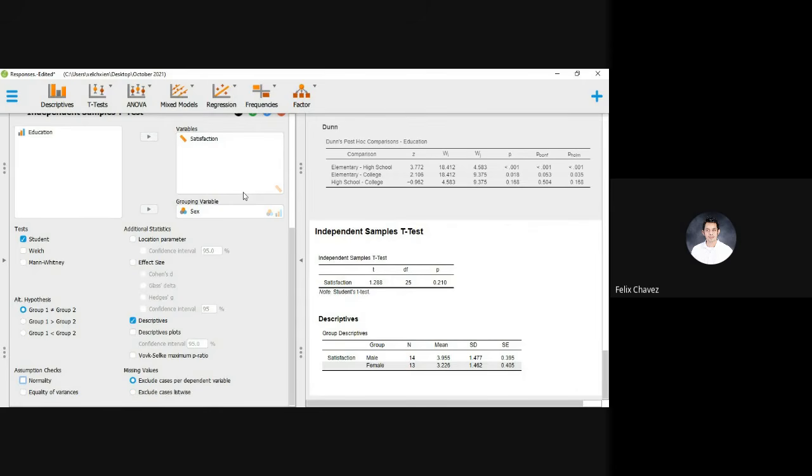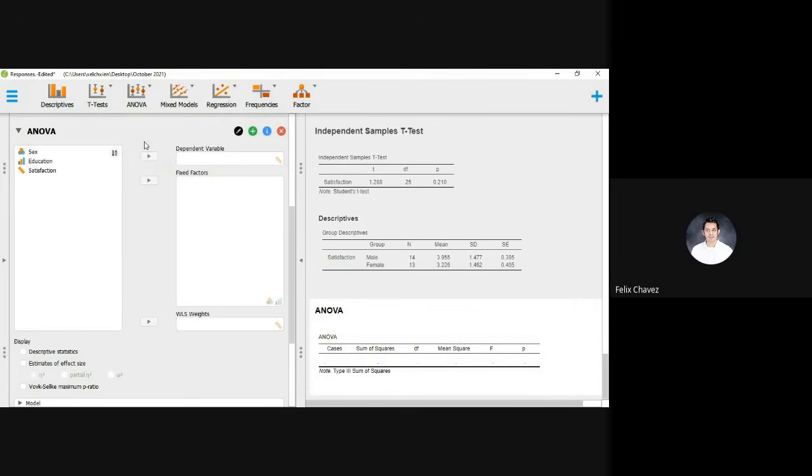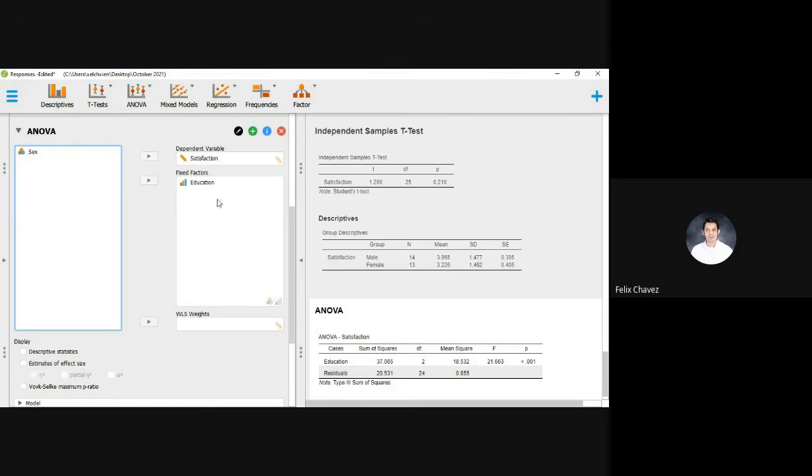It's more than two groups: elementary, high school, and college. We cannot utilize the independent t-test. We will use the ANOVA, analysis of variance. You just have to click ANOVA and click the classical ANOVA. Place the education in the fixed factors, and then place the satisfaction in the dependent variable.